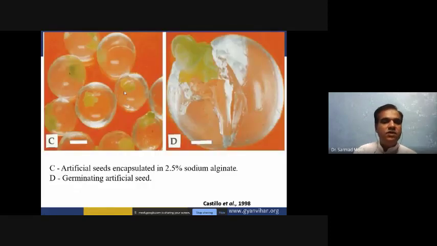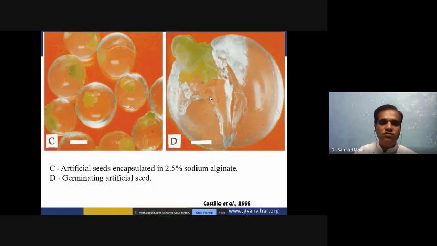So here in the photograph you can see the artificial seeds produced by encapsulation in 2.5% sodium alginate, with somatic embryos encapsulated.